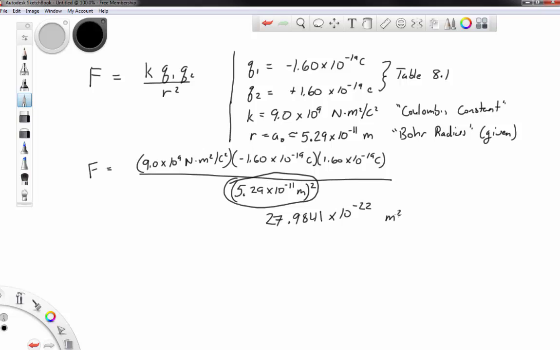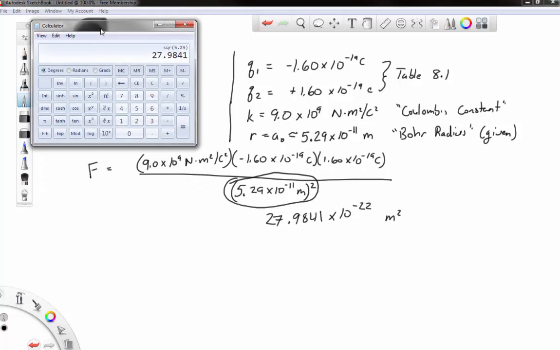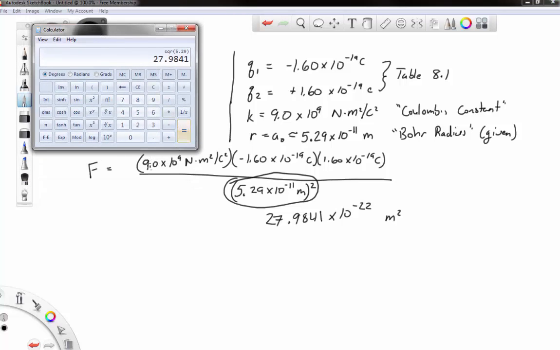So now that I've done that, I can go ahead and use my calculator to basically figure out what all the arguments that are being multiplied by powers of 10 give me, and then I can deal with the power of 10. So 9 times 1.6, which was a negative, times 1.6 gives me minus 23.04.